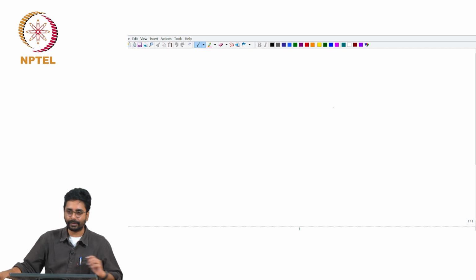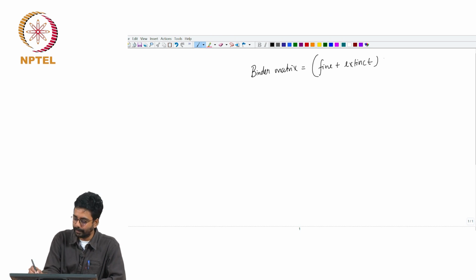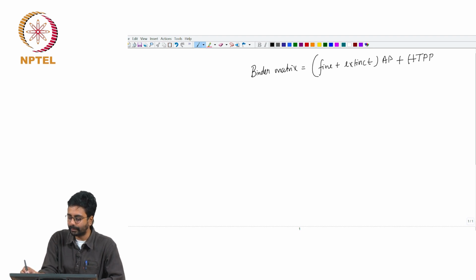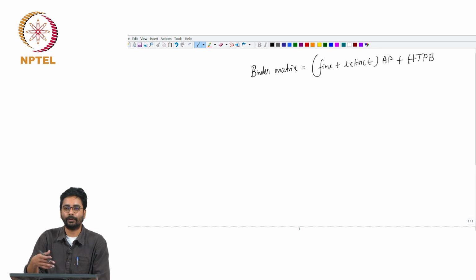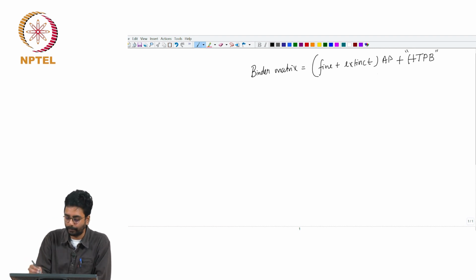See, the binder matrix is composed of fine plus the extinct AP, which we saw earlier, plus all the HTPB, including all the agents used for curing and cross-linking, everything. I put HTPB within quotes because I am not referring to the monomer resin, but the entire fuel binder, plus fine aluminum.